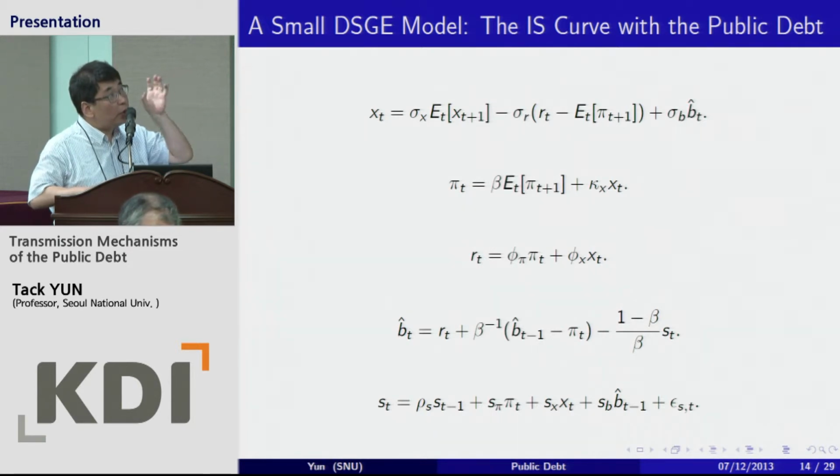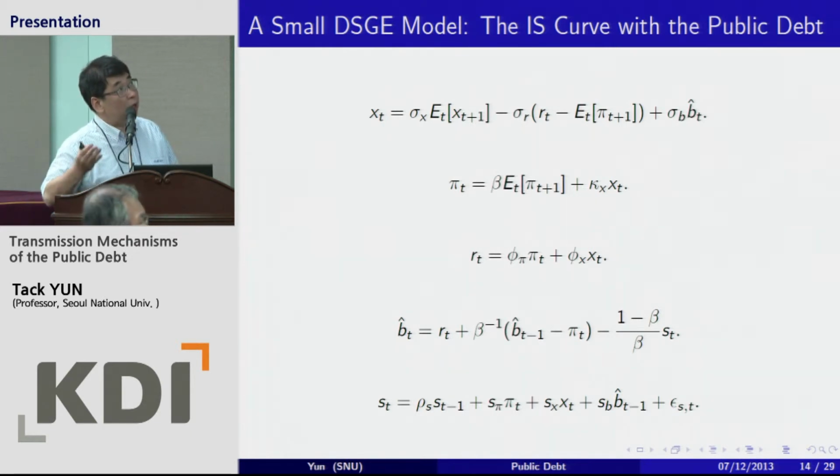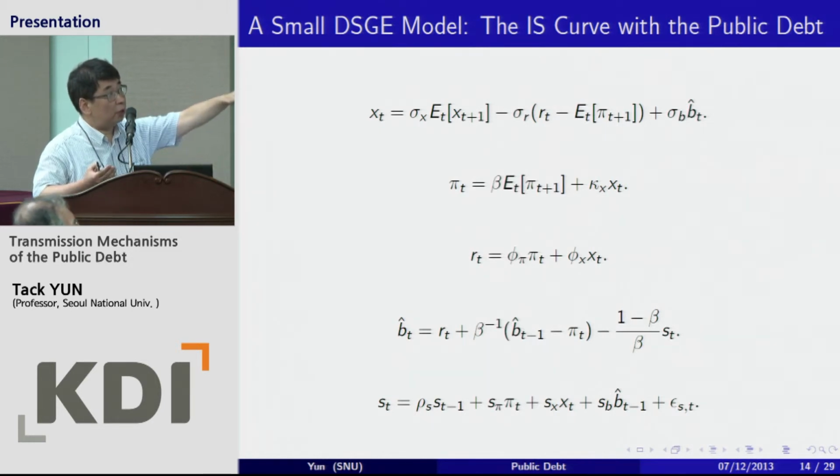Once we include BT hat in the IS curve, we need more equations, because, as Professor Lieber said, under the typical policy we just need 3 equations: the IS curve, the Phillips curve in the second line, and the third one, a Taylor-type interest rate rule. But once we have the debt variable in the IS curve, we need 2 more equations.